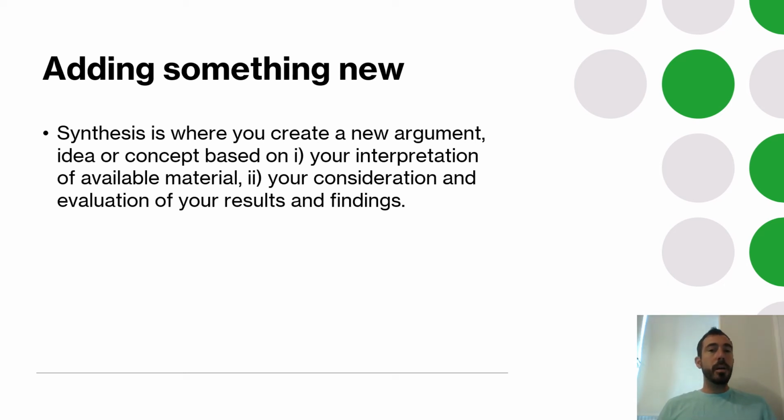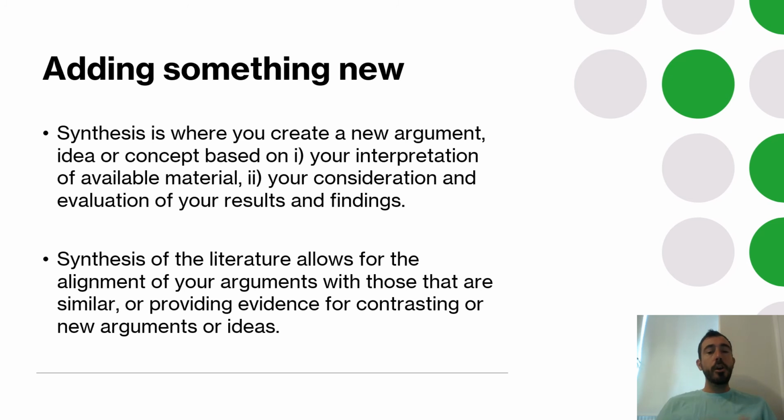You must remember to do the same objective and unbiased critique of your own science as you do of published science. What are your challenges? What are your limitations? What are your opportunities and research extensions? Your synthesis of the literature allows for alignment of your arguments with those that are similar, so what you have read that supports your findings, as well as what is contrasting.